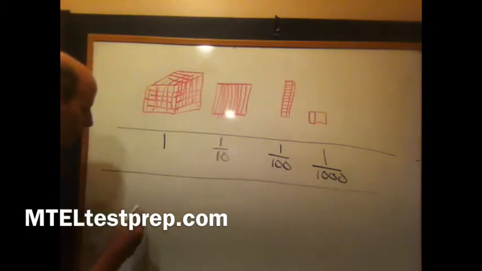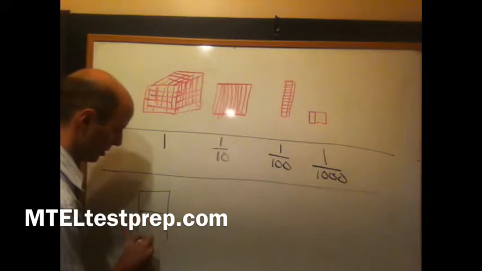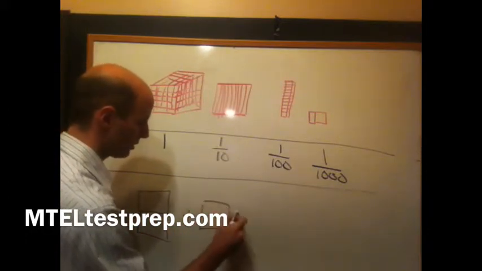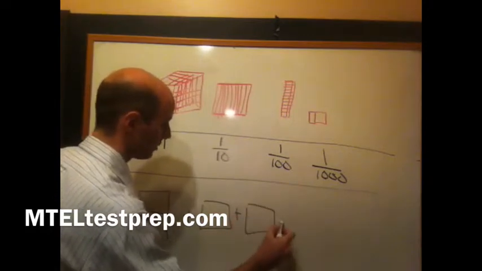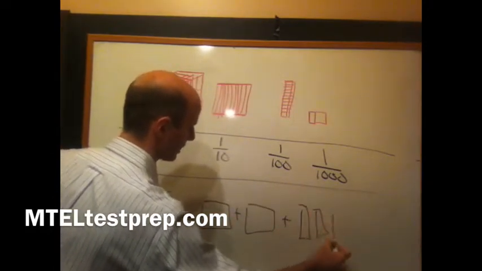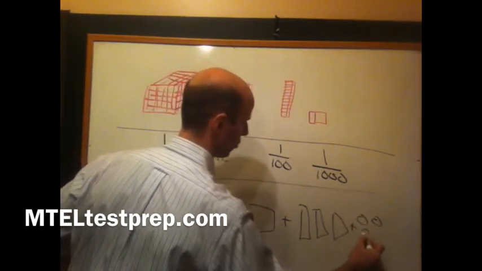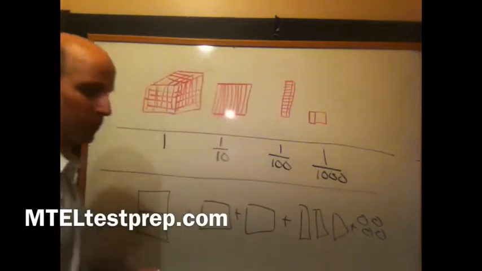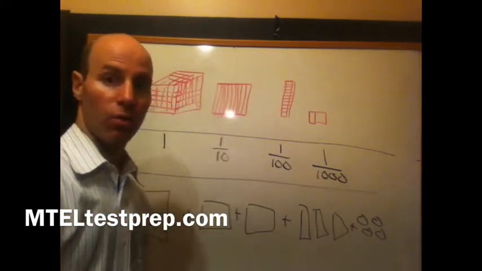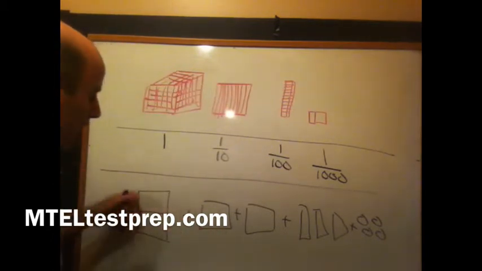For example, if I showed you a picture with 1 cube plus 2 sheets plus, let's say, 3 sticks plus, I don't know, 4 little cubes. In this math class, or on your test, they'd want you to say, well, let's see.